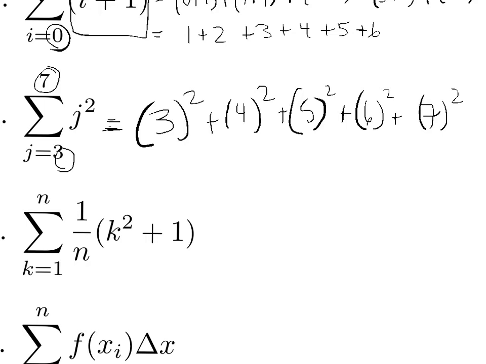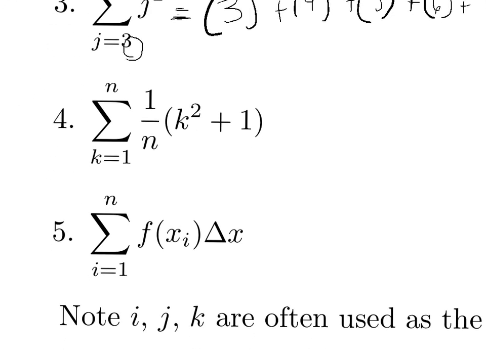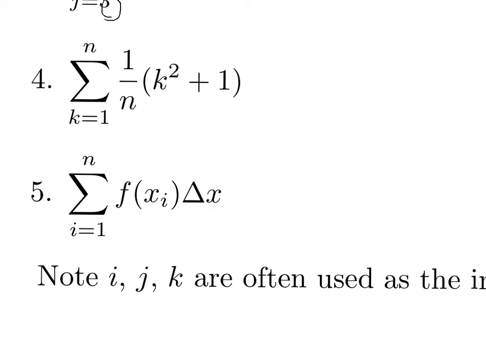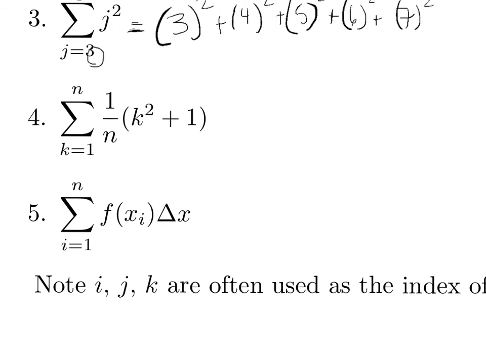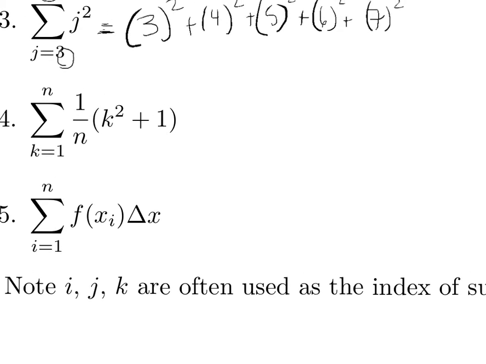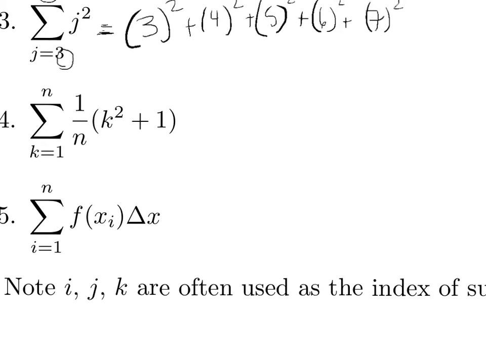They're actual values, okay? This is not really what we deal with for the most part. What we're going to be dealing with are more abstract expressions, like this one. And you'll notice there are multiple letters here. What's our index of summation in this problem? k. And we see k in our expression.